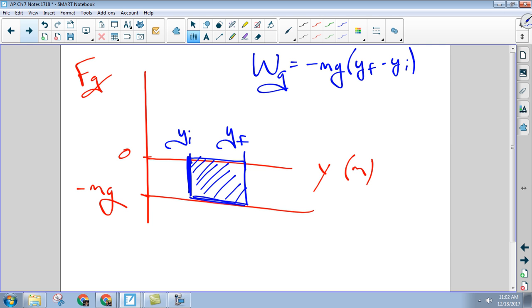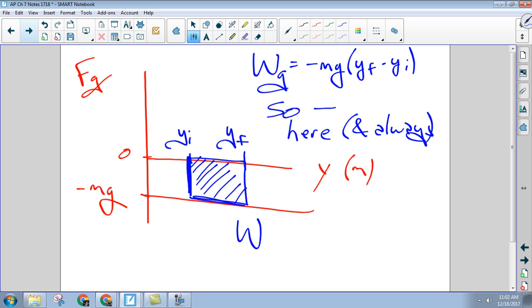All right? So here, and always, the work is equal to the area under, and I'm going to put under in little air quotes. Although I guess they're not air quotes, they're actual smartboard quotes.